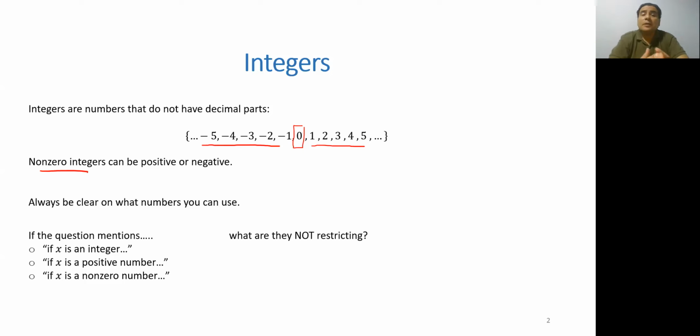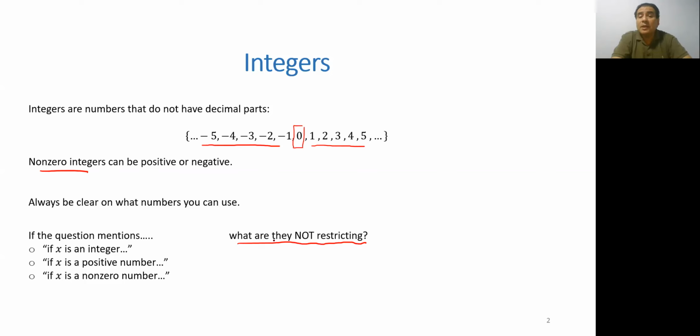It is very important that you be clear on what numbers you can use in a given problem. For example, if the question mentions that x is an integer, automatically think about this question: what are the test makers not restricting when they tell you that x is an integer?